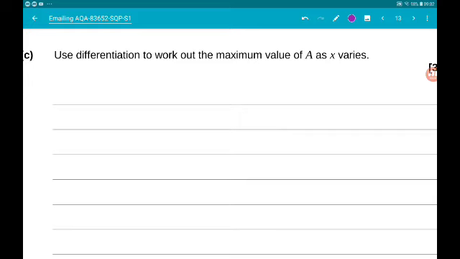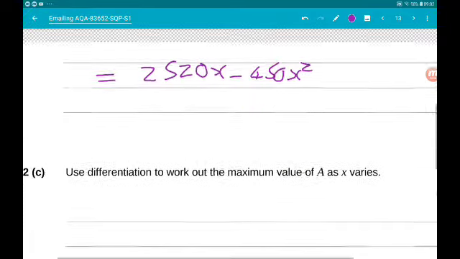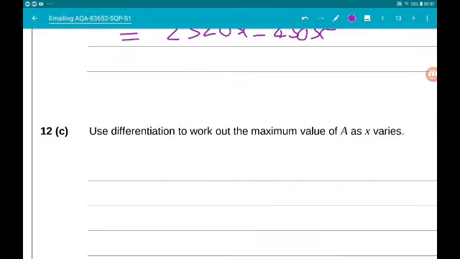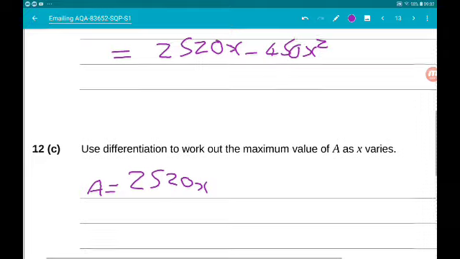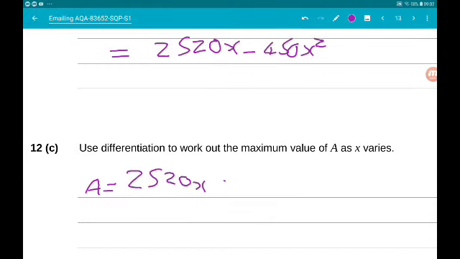So we need to find dA by dx, set that equal to 0, and then solve for x. So A is 2520x minus 450x squared.